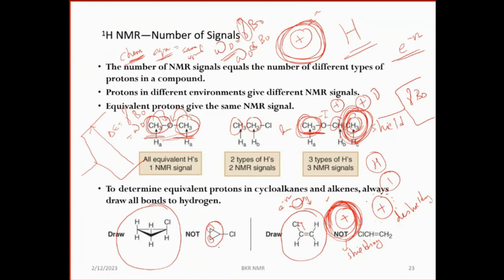So how many proton signals would you say for chlorocyclopropane? Two, you say: these two together one signal and this one the second signal. But that's wrong. For cyclopropane, cyclic systems and alkenes, you should always write the structural formula. Now you can see that these hydrogens have a field effect.